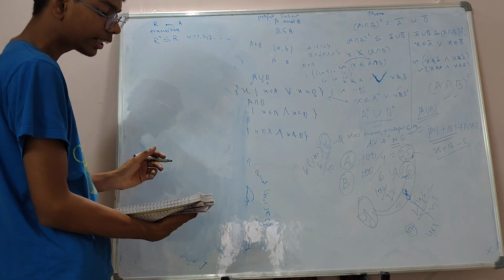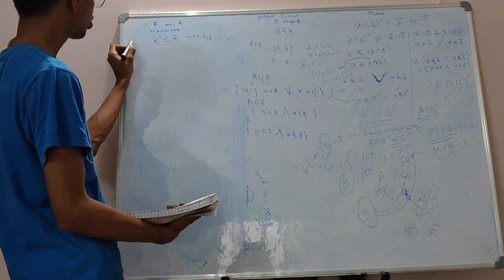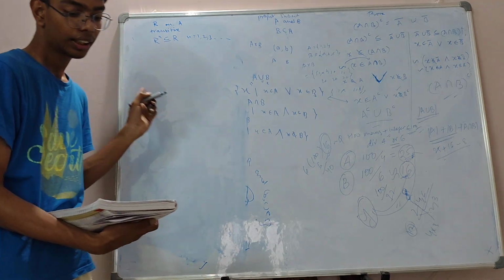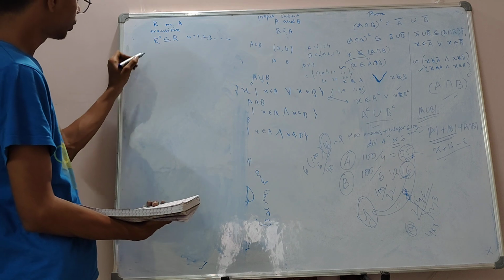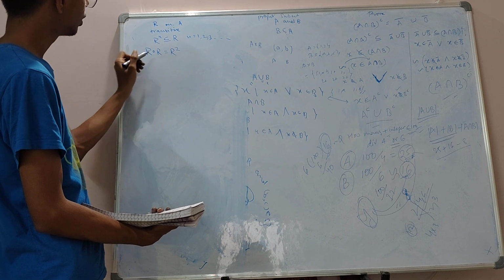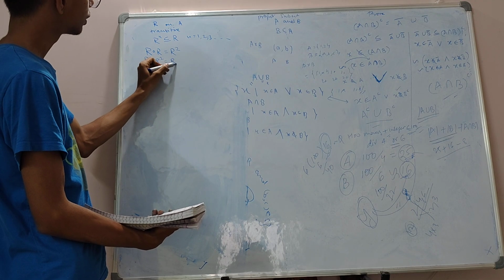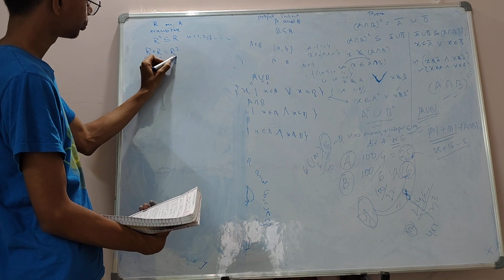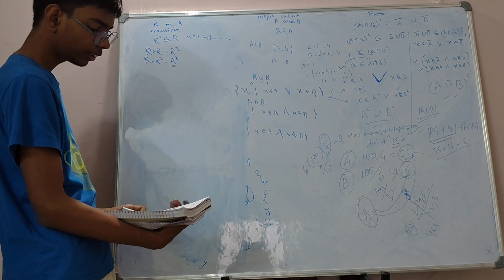This means relation R composed with itself n times. So it is not R to the power n, it is relation R composed with itself n times, right? Because R composed with R gives us R square. R composed with R square will give us R composed with itself 3 times, right?